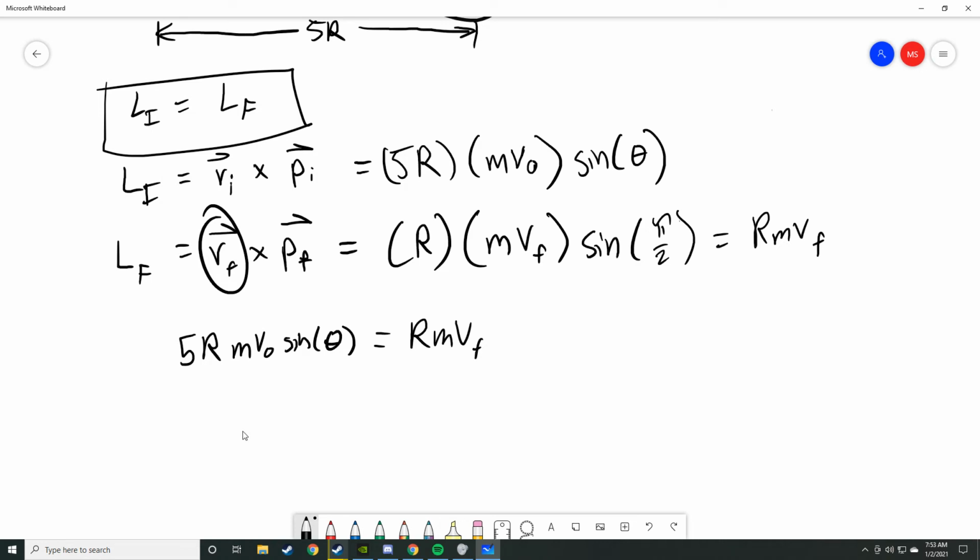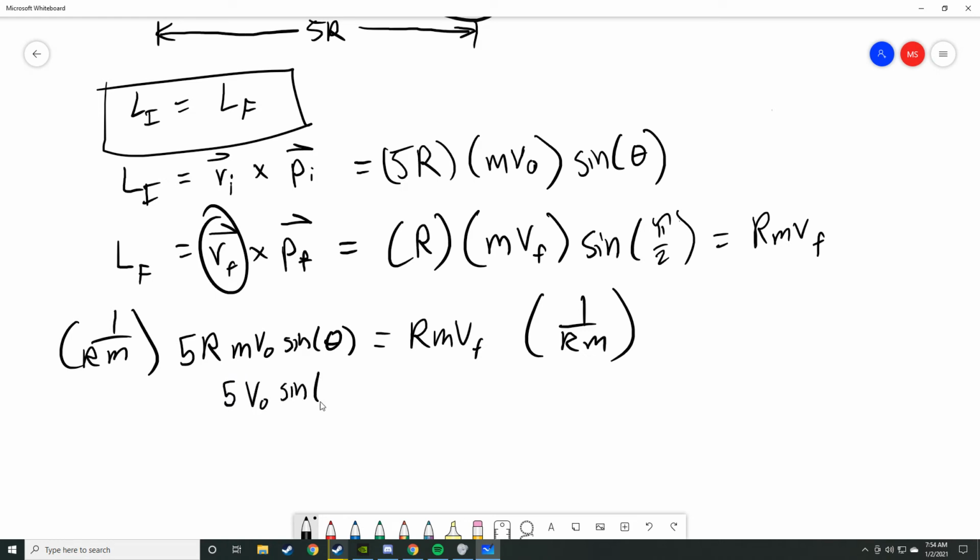What's the point? We're also assuming the mass is not 0. So we can divide both sides by the radius times the mass. And here we get 5 V naught sine theta is equal to V final.